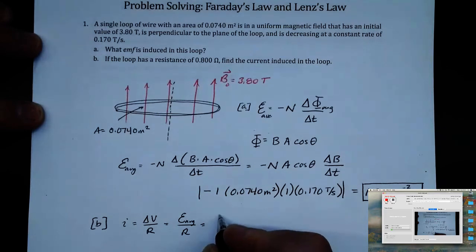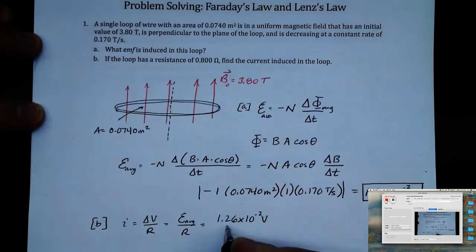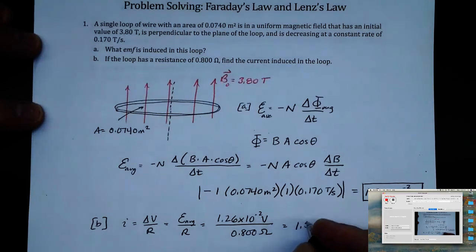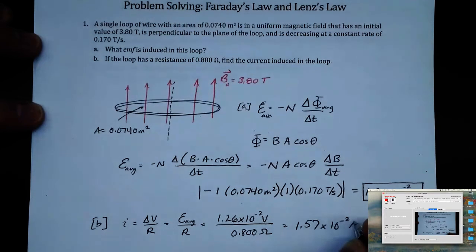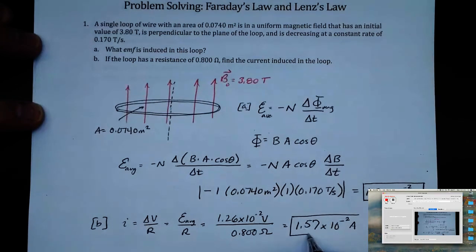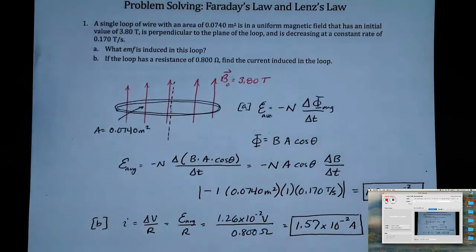So we're going to plug that in, 1.26 times 10 to the negative 2 volts. The resistance of 0.8 ohms. I get 1.57 times 10 to the negative 2 amps, or 15 milliamps of current.